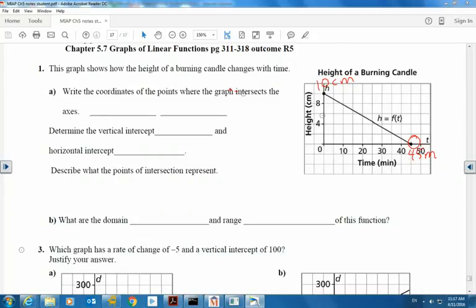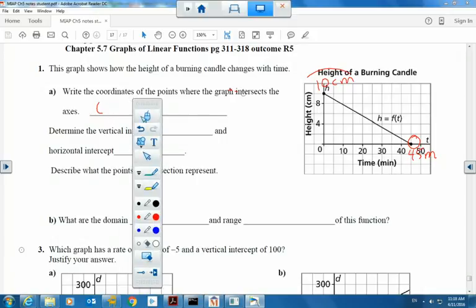This is my vertical axis. And then this over here going across the horizon is the horizontal axis. So what is the coordinate of this point right here? The x value is 0. And what's the y value? 10.